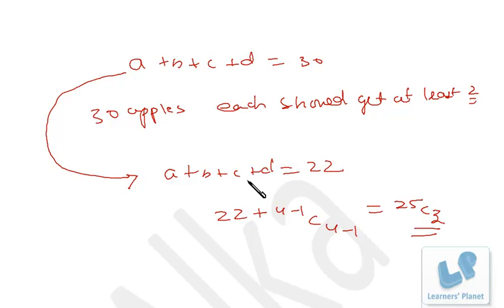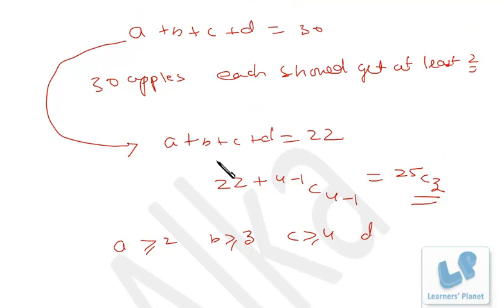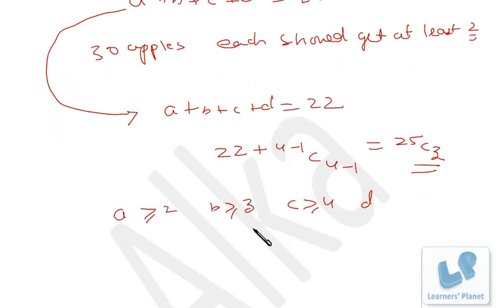Okay, now if the condition changes, maybe A should get at least 2, B should get at least 3, C should get at least 4, and D, maybe for D 0 is also allowed, right? So what will we do? 4 and 3 7 and 2 9 apples will be distributed. After that, A plus B plus C plus D is 21.